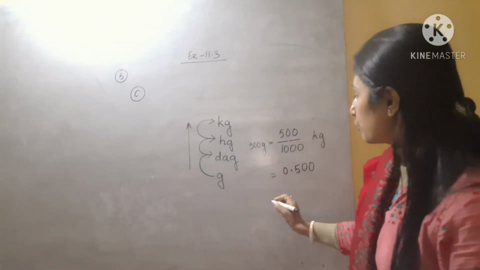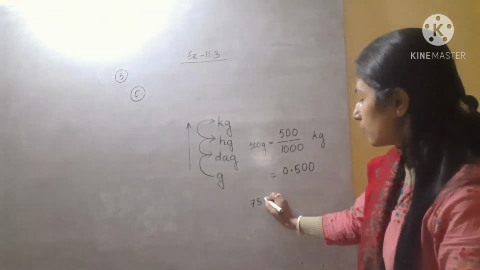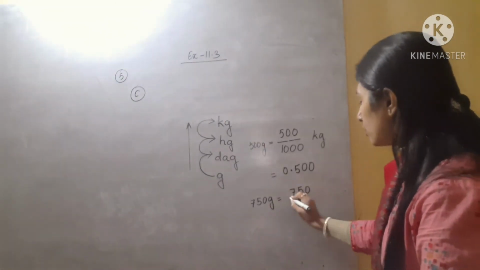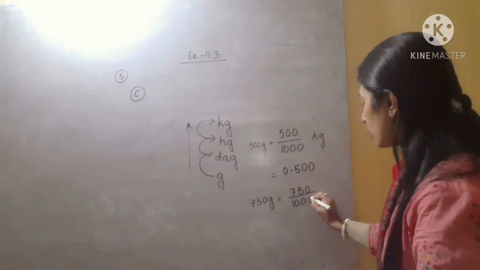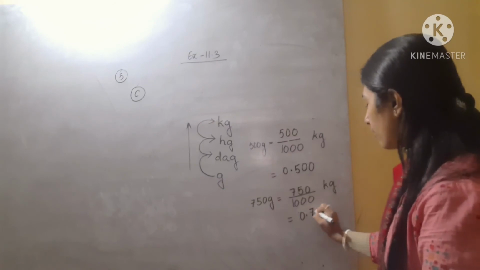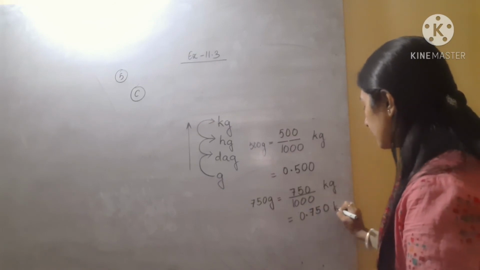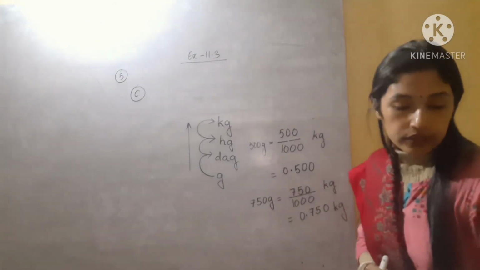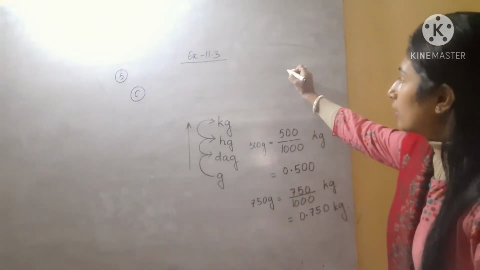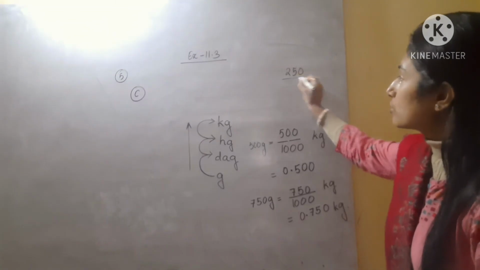Similarly, 750 gram of grapes were there. So 750 gram also you can convert by dividing by 1000. Okay, like this you will get 0.750 kg. Okay. So similarly, 250 gram of strawberry, again here you can divide by 1000.